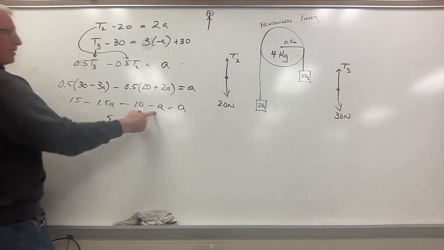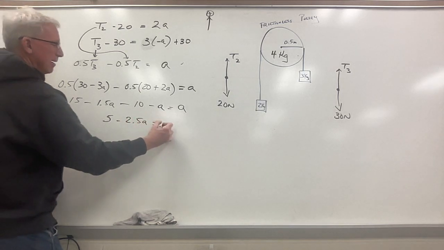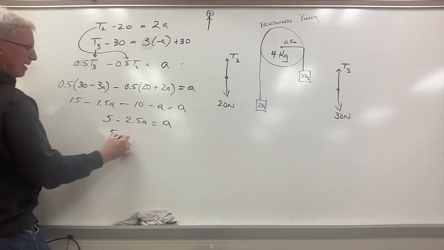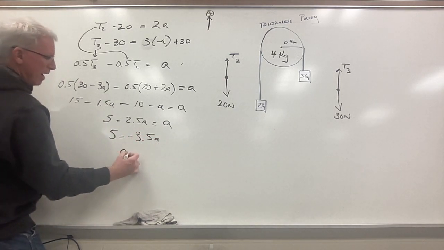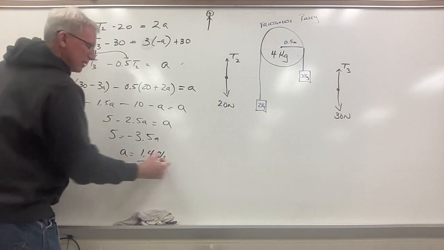Negative 1.5 and negative A is negative 2.5A. Bring it to the other side and I get 5 equals negative 3.5A, or A equals 1.4 meters per second squared.